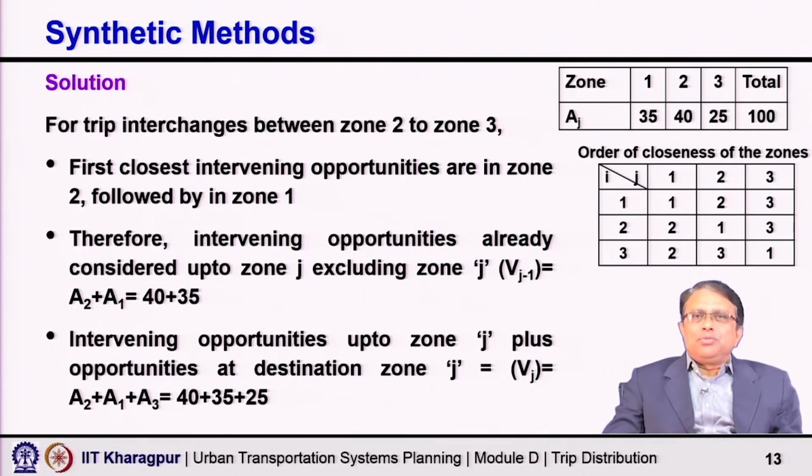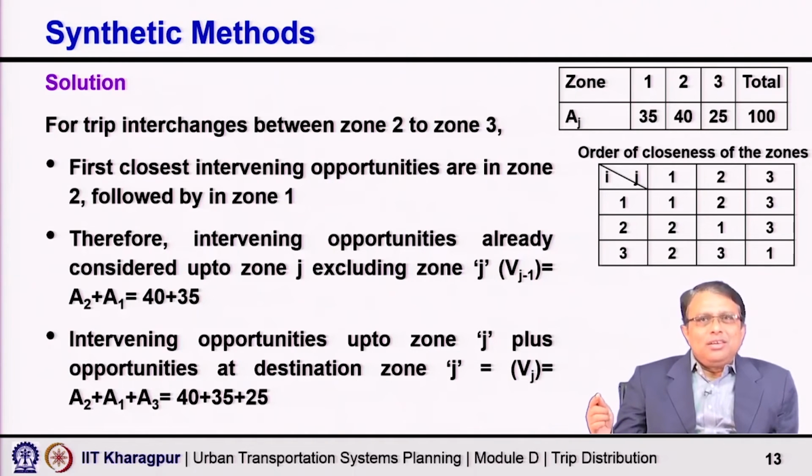So, from 2 to 3, with 2 as origin, where does zone 3 stand? In order of closeness from 2, first 2, then 1, and then 3. So, V j minus 1 means not including zone 3, up to zone 3 but not including it.